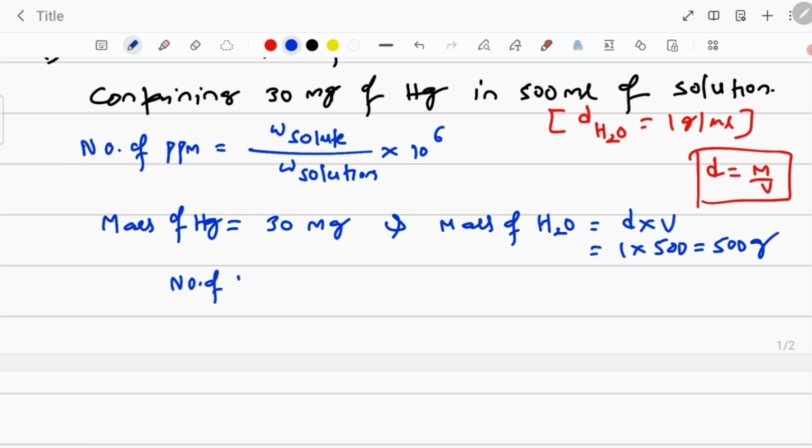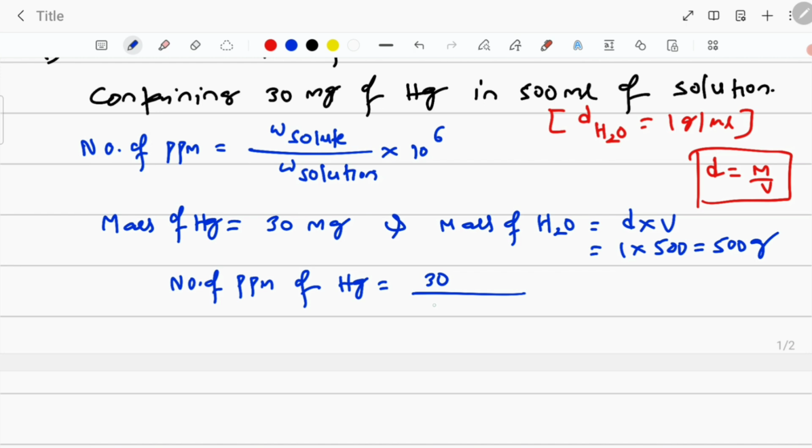Number of ppm of mercury is equal to weight of solute, that is 30 milligrams, by weight of solvent. You can express in grams or milligrams, whatever, but both should be in the same unit.